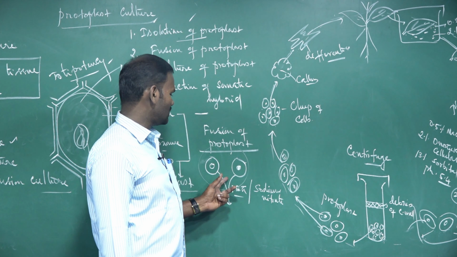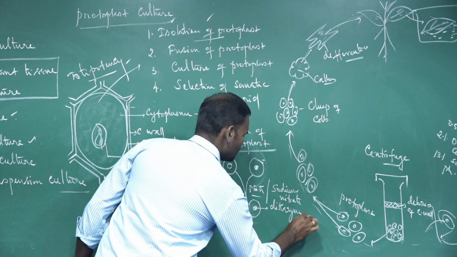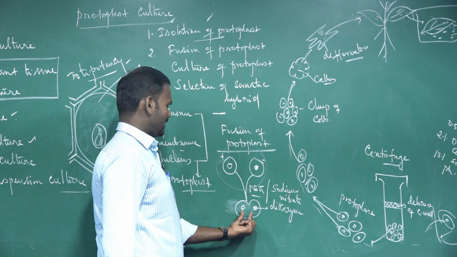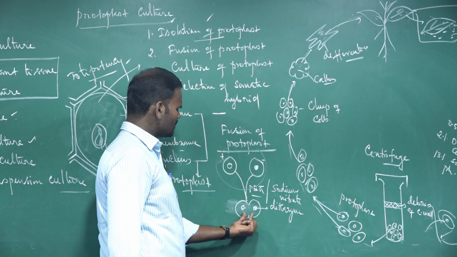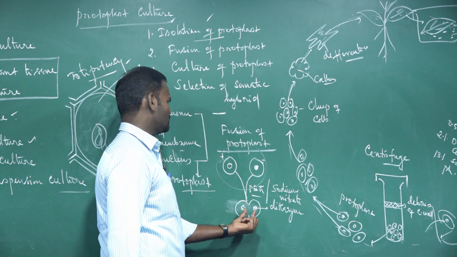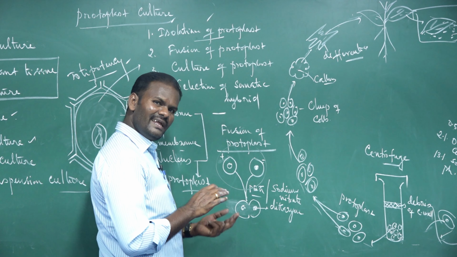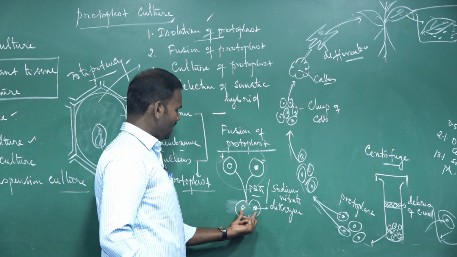Only the cytoplasm is fused, not the nuclei. With two nuclei, this is called a dikaryon. Two nuclei and cytoplasm are fused together. In some cases, among the two nuclei, one nucleus degenerates and only the cytoplasmic portions are fused together.